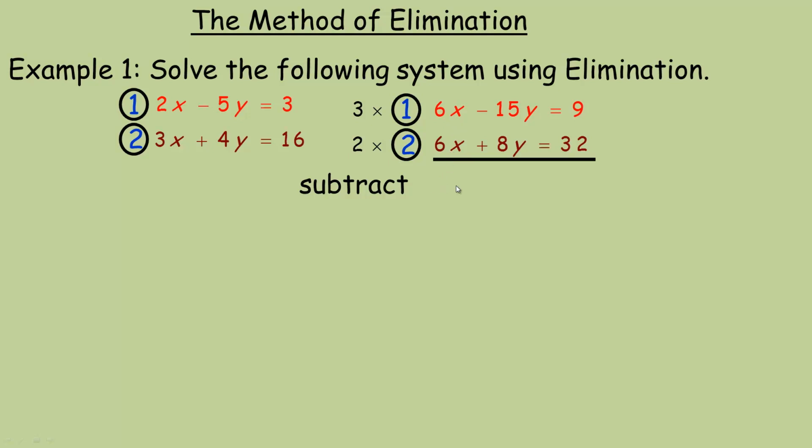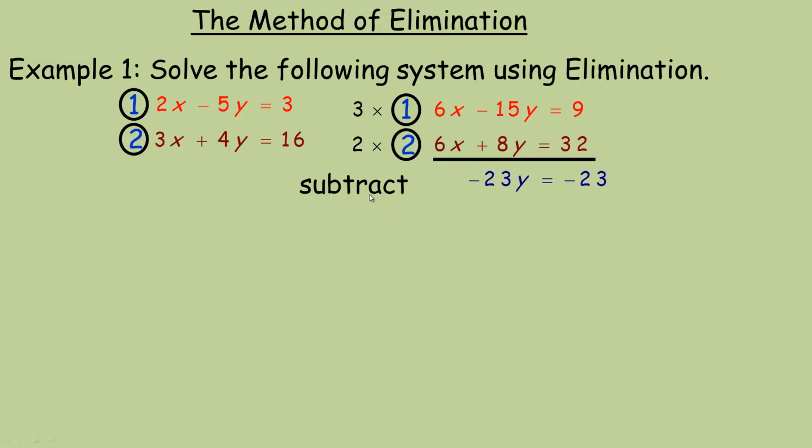Now you could write 0x here if you wanted to, but because there's no x's, we just leave that blank. So negative 15y minus 8y, same as negative 15 plus negative 8, would be negative 23y, and 9 minus 32 is negative 23. So I'm trying to solve for y here, so I eliminate x's so that now I'm going to find y.